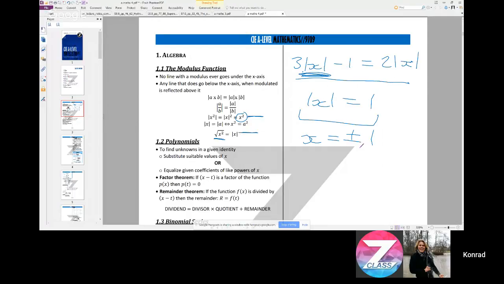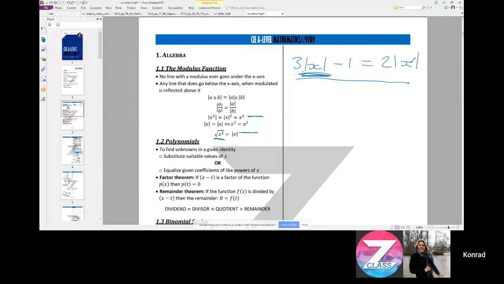The other technique that you can use, which I think is sometimes quite nice, and I think I've talked to some of you about it before. I definitely mentioned it last time I went over this. Whenever you've got two modulus signs in an equation, you have two possibilities, right? And uniquely two.